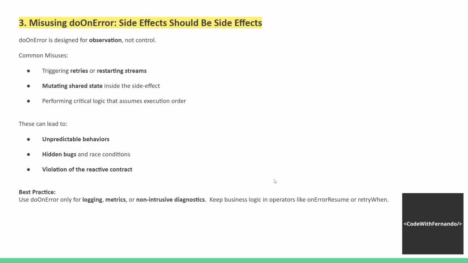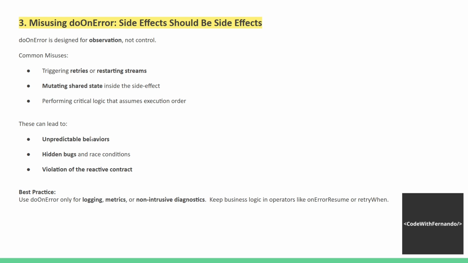Misusing doOnError. Side effects should be side effects. doOnError is designed for observation, not control. Pay attention to that. Observation, not control. Some common misuses: triggering retries or restarting streams. Mutating shared state inside the side effect. Performing critical logic that assumes execution order.